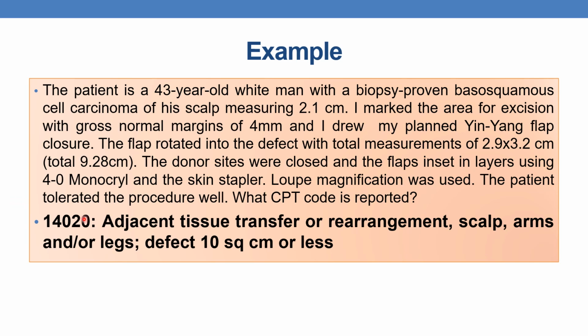So the appropriate code is 14020, adjacent tissue transfer or rearrangement of scalp, arms and or legs, where the defect is 10 square centimeters or less. Here it is 9.28 square centimeters, not centimeters.